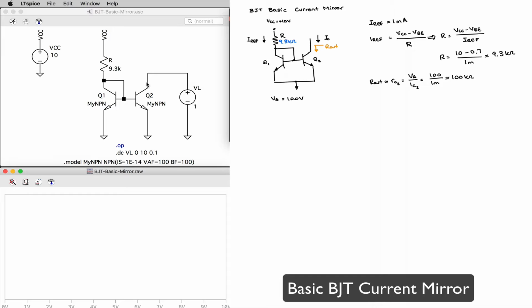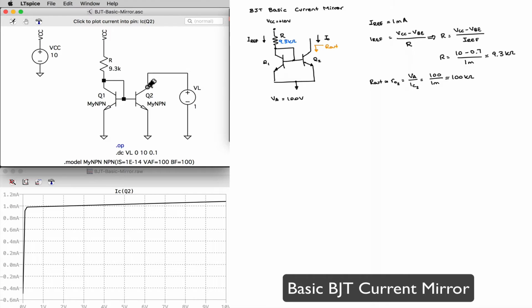So I'm going to go ahead and measure the current. I'm expecting my output current to be around 1 milliamp. And there it is for different values of voltage. Notice that as my voltage becomes very low, my transistor goes into saturation, and therefore my current drops quickly to 0 as the transistor eventually cuts off.